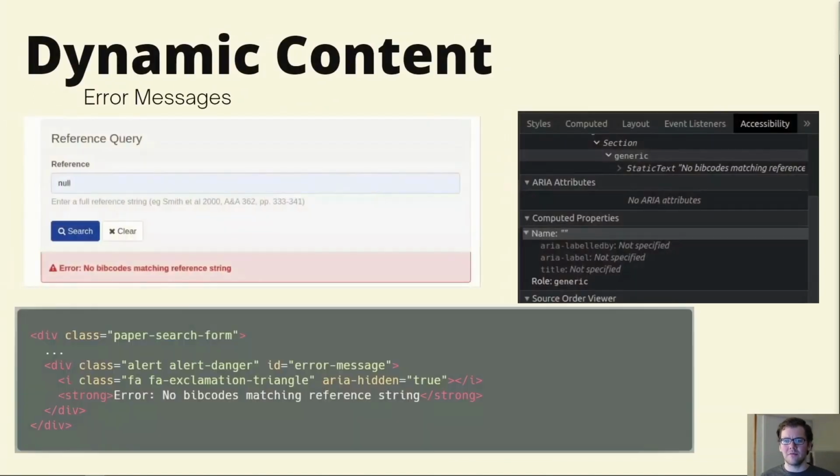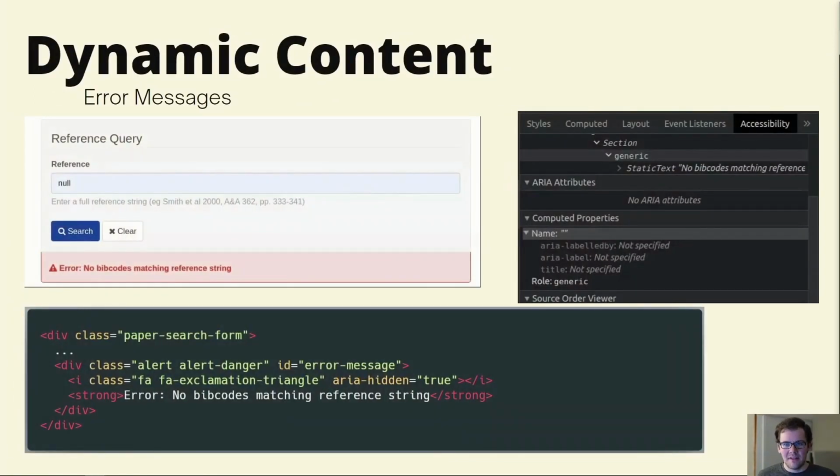Another area where these are really great is in error messages. So, for example, here we have an error message that shows up after doing a query. Same problem as the number of results element before. This one's really just a generic tag.